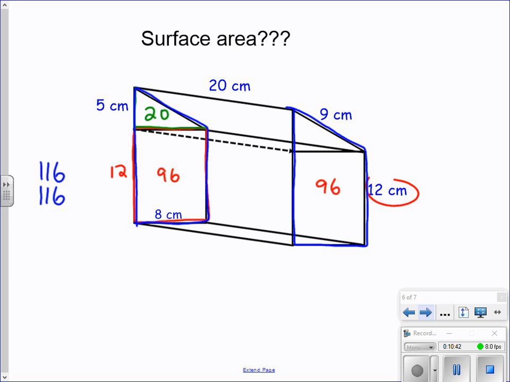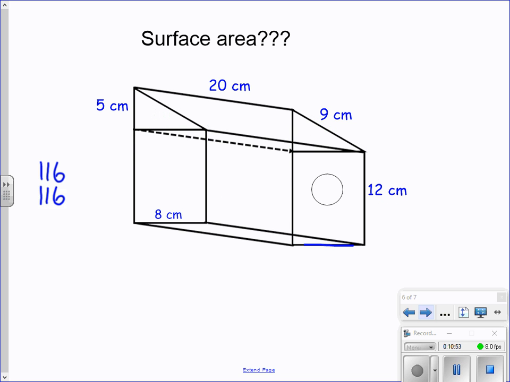Then I'm just going to find the remaining rectangles. So I'm going to erase that just so that it doesn't confuse us. And let's look at the bottom panel, which is 8 by a length, and it's just a rectangle.